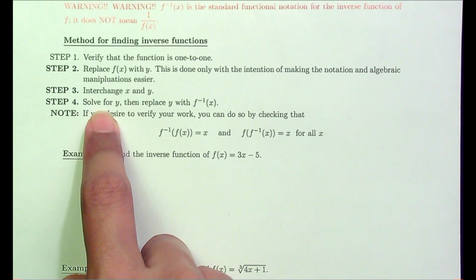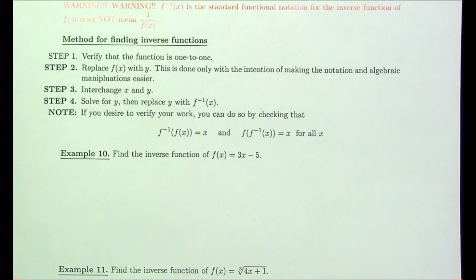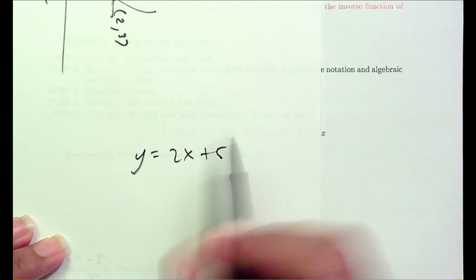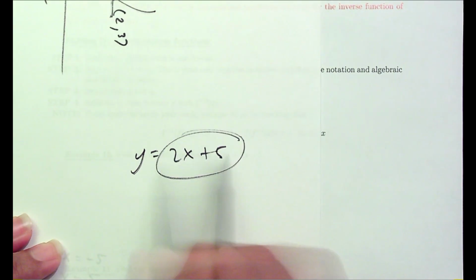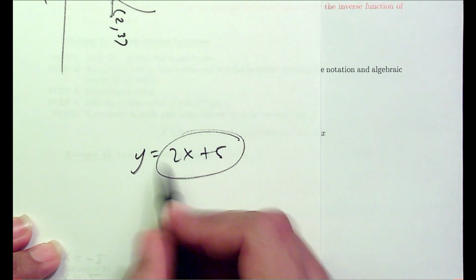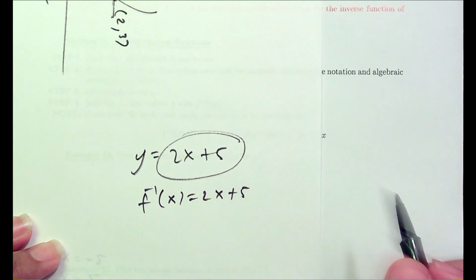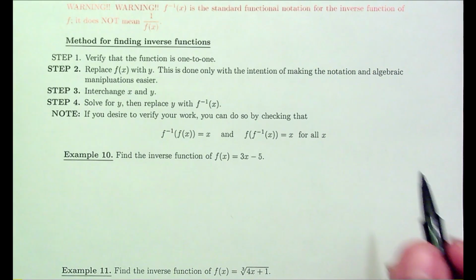And then we're going to solve for y, and then we're going to get a formula for y equals whatever. I don't know, make something up. Then that formula that you get is the formula for the f inverse. And then that would be it. Okay? So that's how you do it.